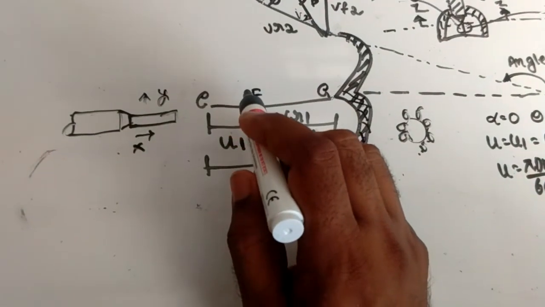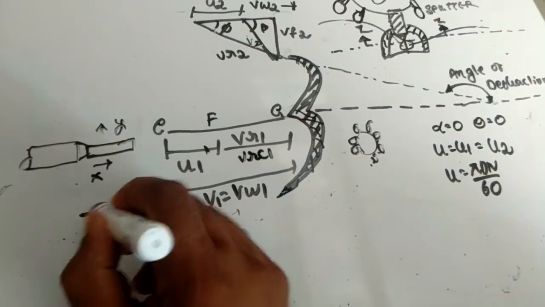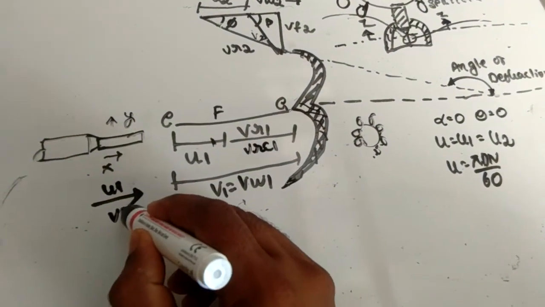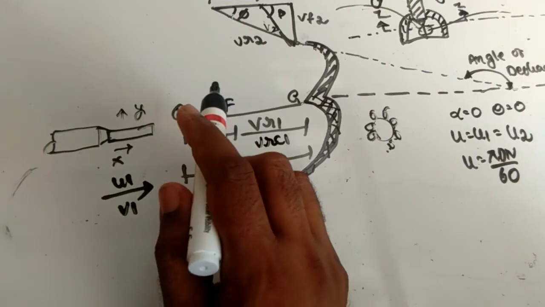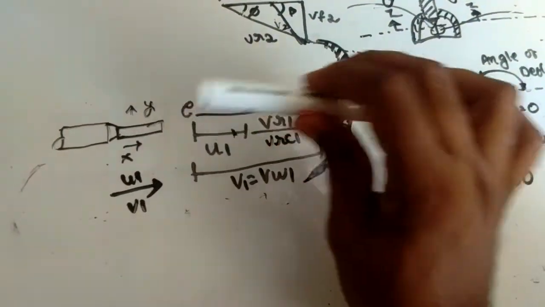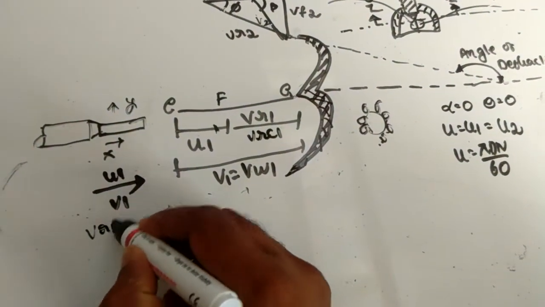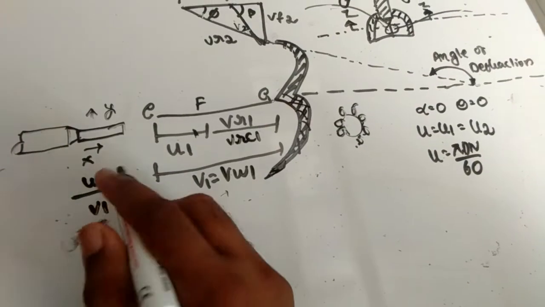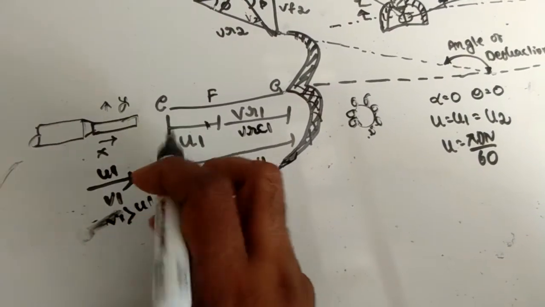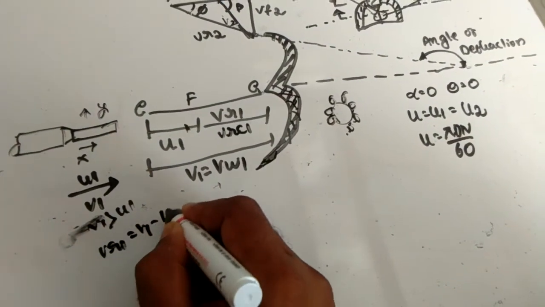Next, the plate is moving with velocity u1, and the jet is moving with velocity V1. The jet's relative velocity, with which it strikes the plate, is VR1. Since V1 is greater than u1, VR1 is equal to V1 minus u1.